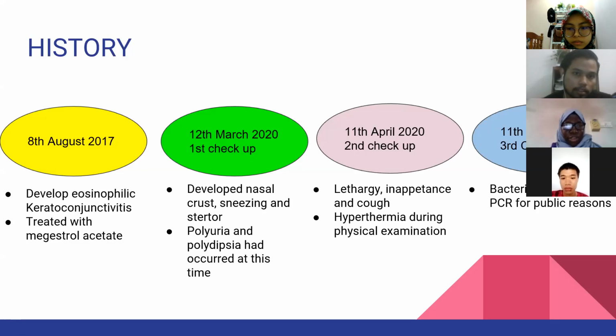Okay, good enough. For the history, as we can see in the signalment, this cat has been treated with megestrol acetate for the past 3 years, since 8 August 2017, because this cat developed eosinophilic keratoconjunctivitis.